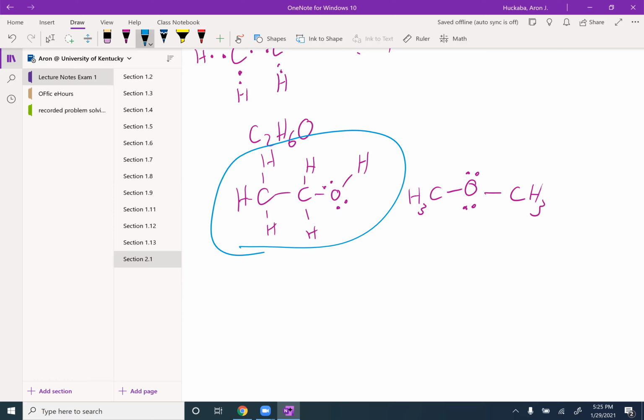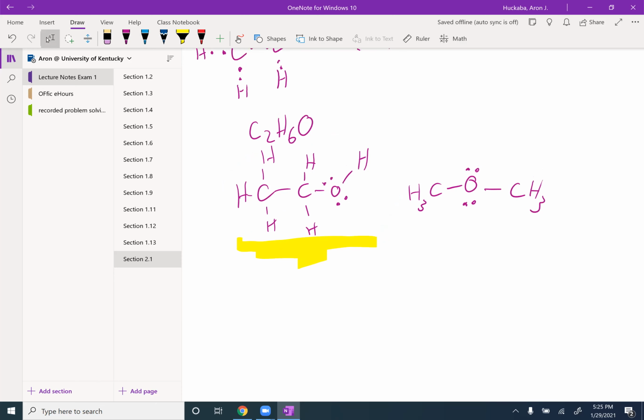So scientists started to figure out different ways to communicate molecules. We know that we're dealing with this structure here, right? What if we communicated each individual part of the structure, such as H3C?